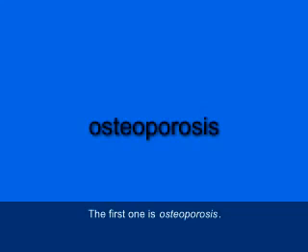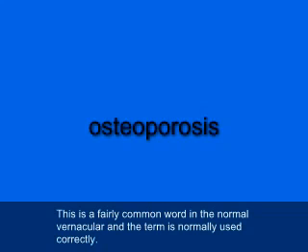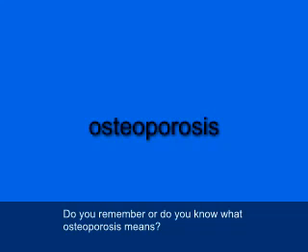Okay, now we have another group of terms that do relate to the spine, but also other things as well. The first one is osteoporosis. This is a fairly common word in the normal vernacular, and the term is normally used correctly. Do you remember or do you know what osteoporosis means?